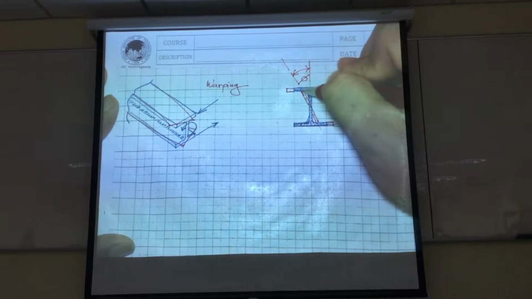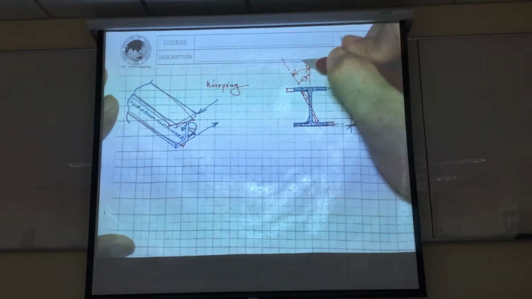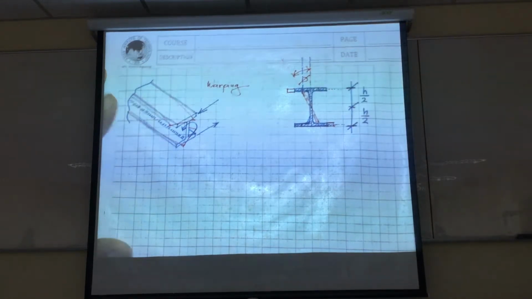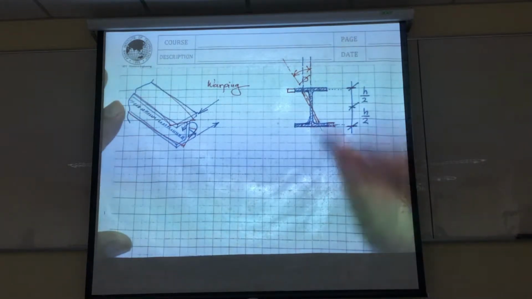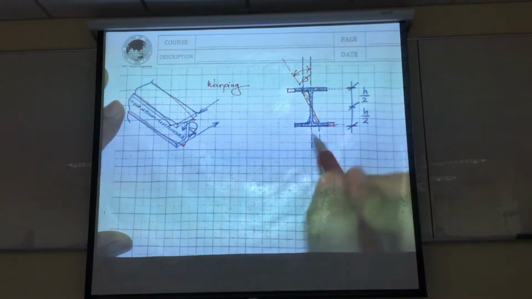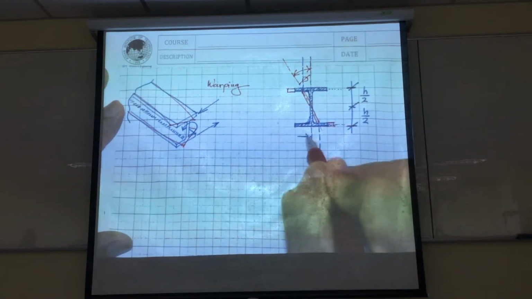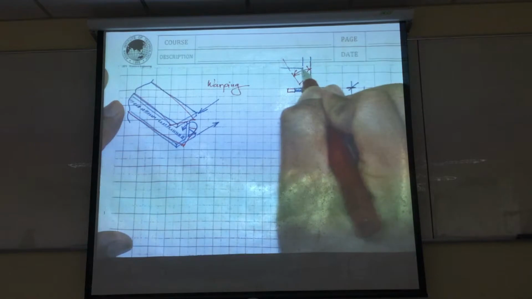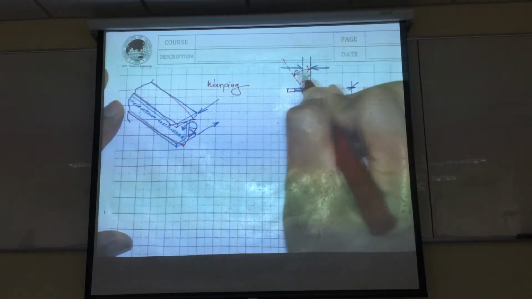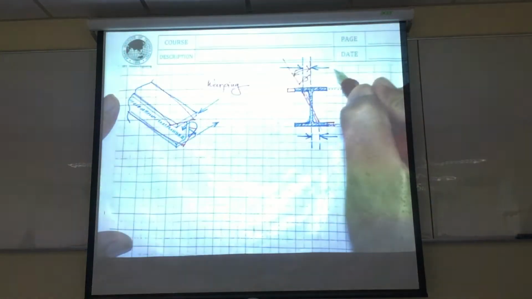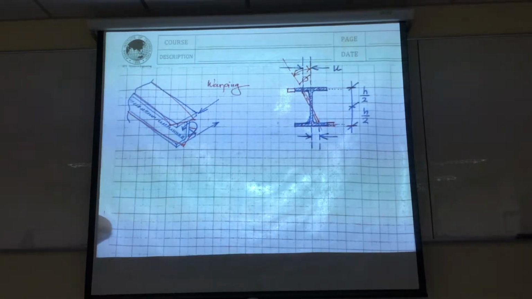So we measure it from center here to this here. Likewise for the bottom one. So this is your U, horizontal displacement.